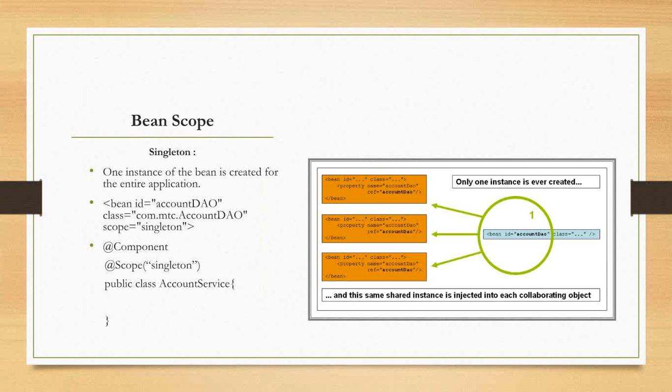Basically, singleton is a design pattern name, but here it is a scope name as well. Singleton design pattern means that for an object, only a single instance of that particular bean will be available.